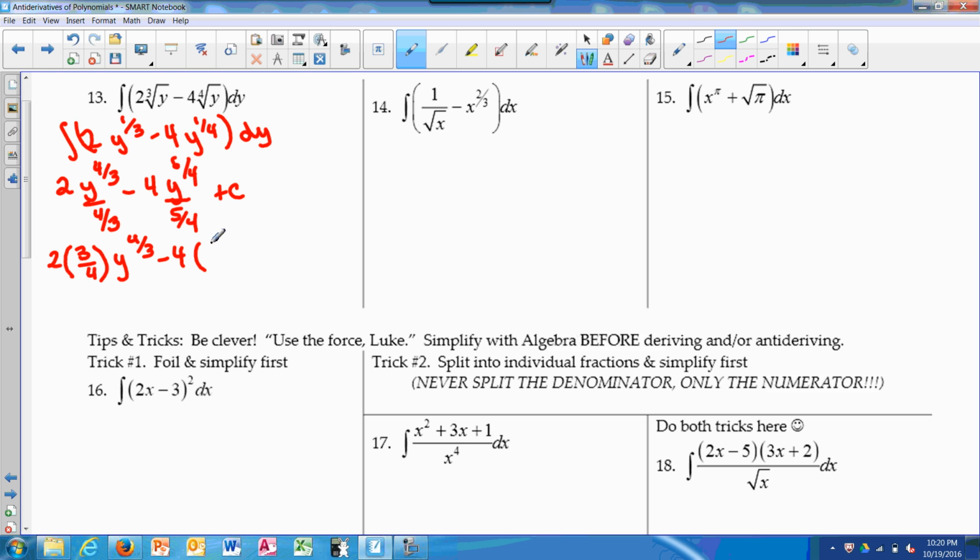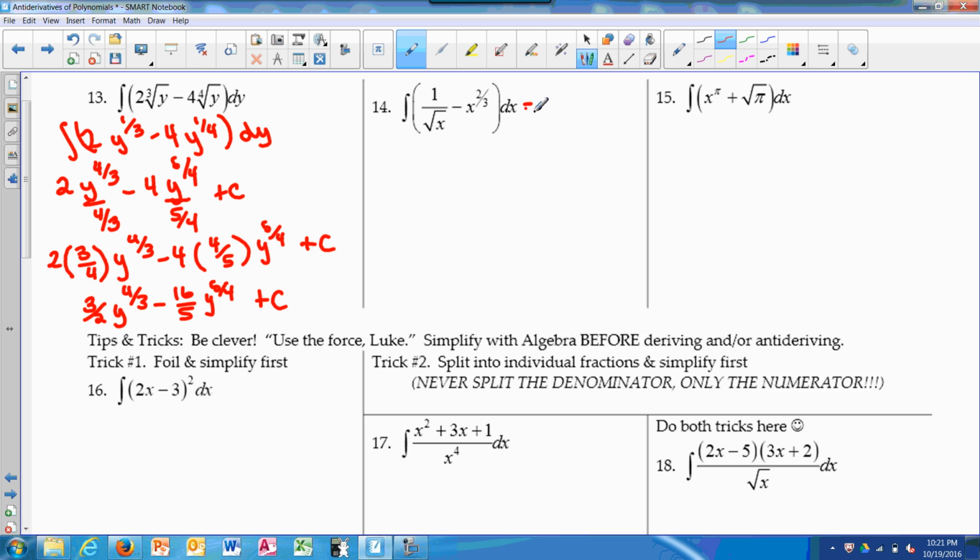I would be multiplying by 4/5, and y to the 5/4, plus the c, don't forget that. Now if I simplify, this becomes 3 halves y to the 4/3 minus 16/5 y to the 5/4 power plus c.